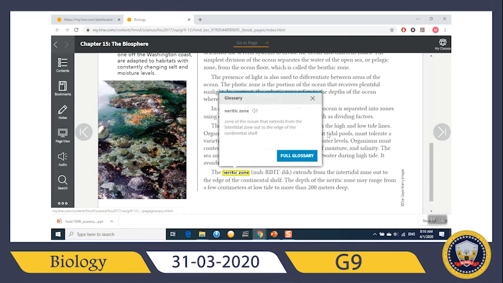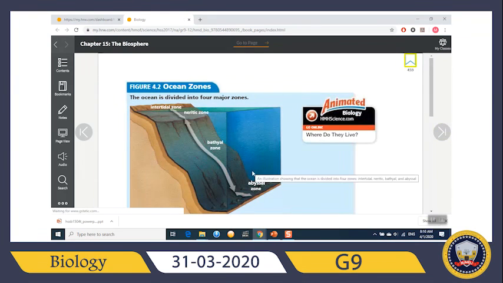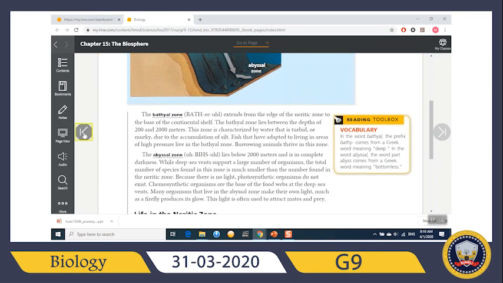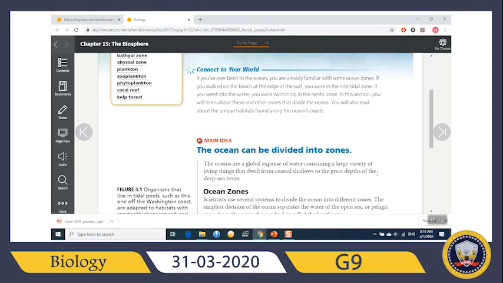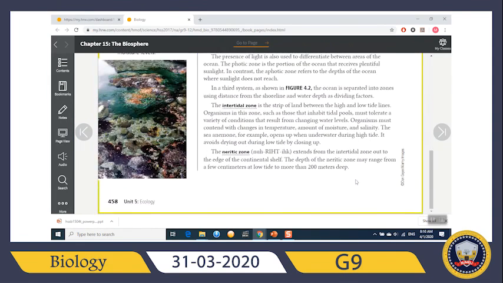The neritic zone is the zone of the ocean that extends from the intertidal zone out to the edge of the continental shelf. So this is the neritic zone, from here to here, this cliff. It's the deepest point you can swim, normally.